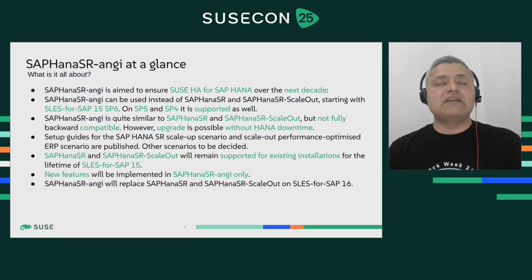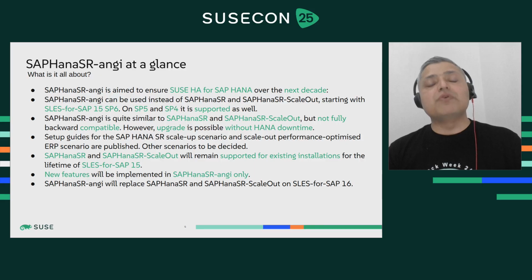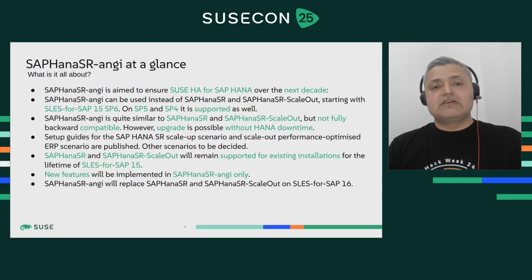And from version 16 of SUSE Linux Enterprise Server for SAP applications, SAP HANA SR-angi is going to replace both the classic packages, and we are not going to see the classic package included in version 16 of SUSE Linux Enterprise Server for SAP applications.